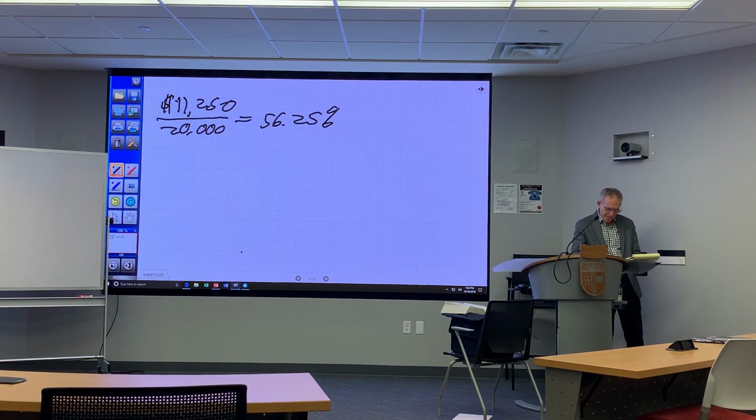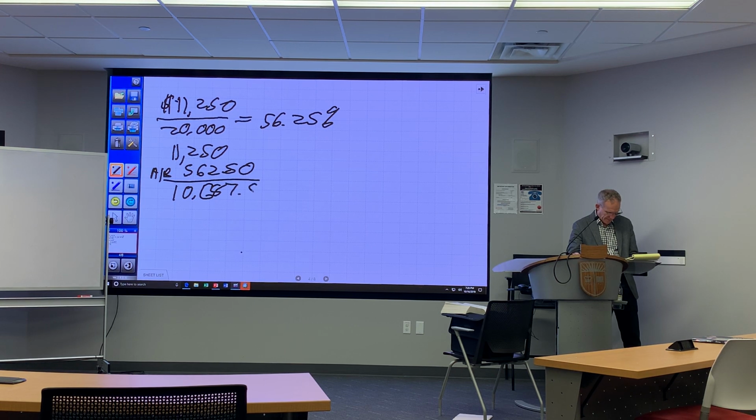So if you compute the gain there, his basis in that is $562.50. That's his adjusted basis. So the gain here would be $10,687.50. And then what happens when he gets the $5,000? Well, that's going to be considered as if he had another sale of 1/4 of the property, right?